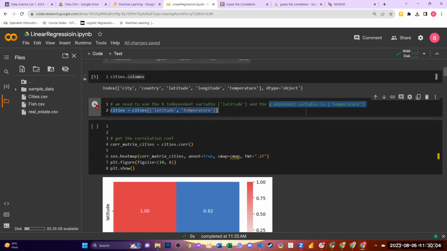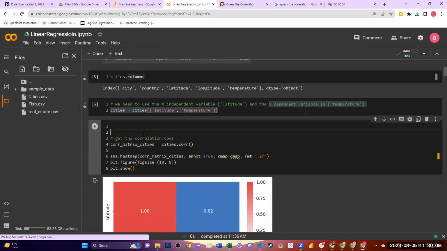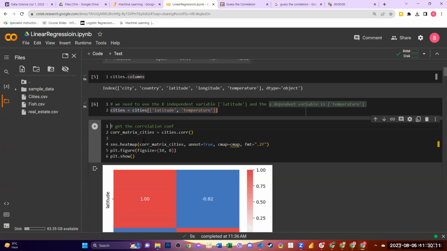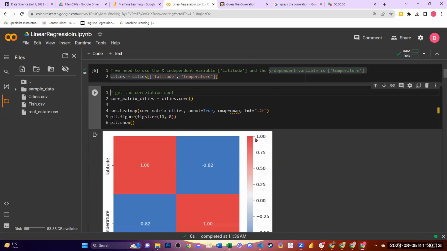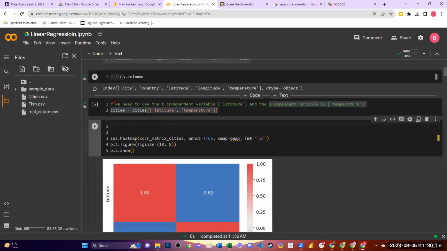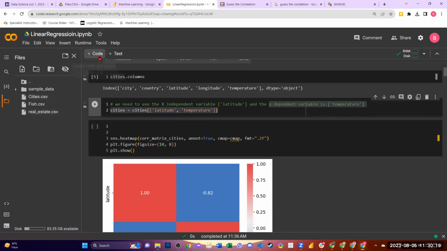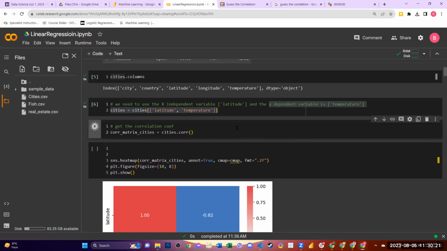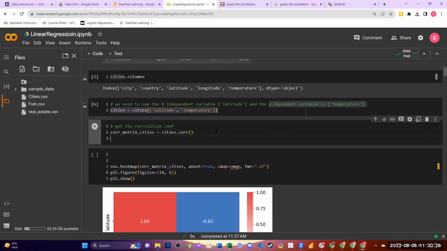All right. So let's play. Then we need to get the correlation score. Okay, so what is the correlation coefficient?